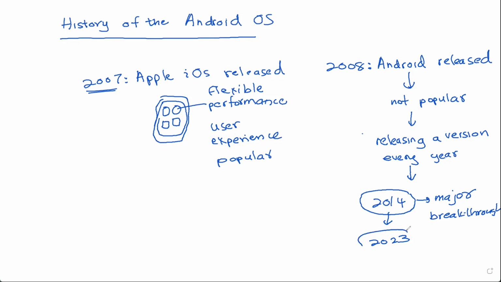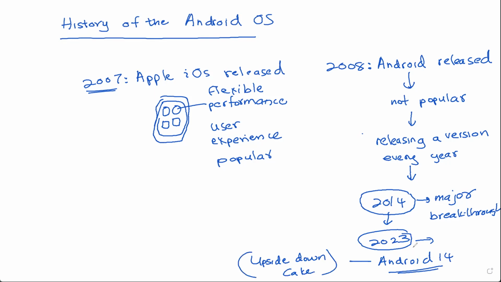Now we are currently in 2023, and Android version 14 was released in February 2023. Android 14 is known to be the most recent Android version, with the nickname Upside Down Cake.